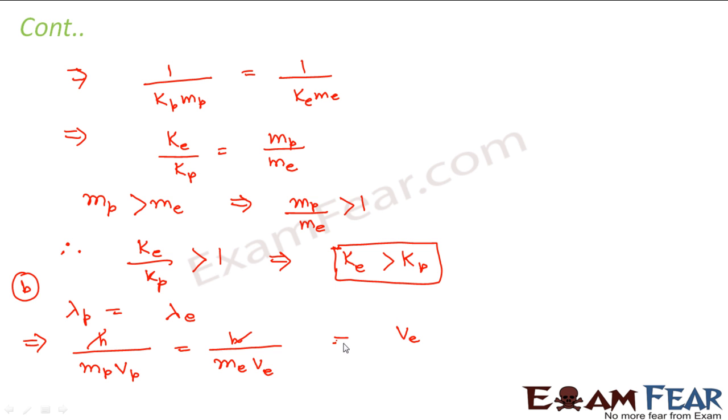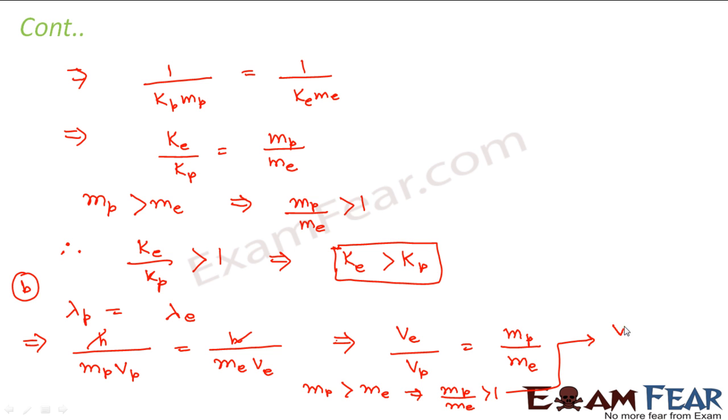So we get velocity of electron by velocity of proton is equal to mass of proton by mass of electron. Since mass of proton is greater than mass of electron, this implies MP by ME is greater than 1. Therefore, VE by VP is also greater than 1. This implies velocity of electron is greater than velocity of proton.